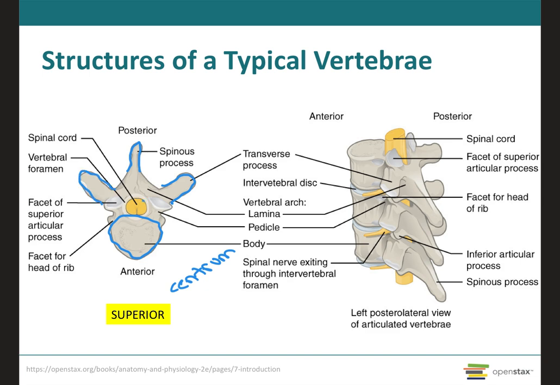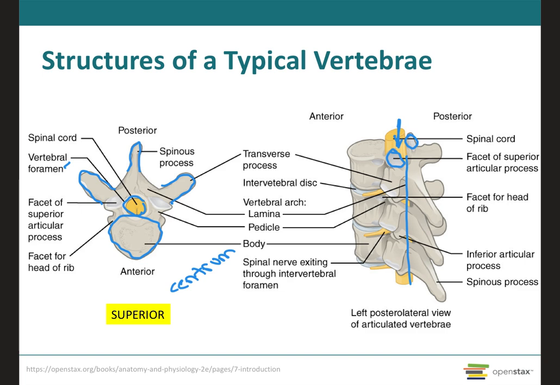In the middle, we have an opening that will pass the spinal cord, which is right over here. And this opening, when we talk about one vertebra, is called the vertebral foramen. Now, all the vertebral foramina will come together and form what we call the vertebral canal. Another bone feature is the superior articular facet, which are these structures over here.